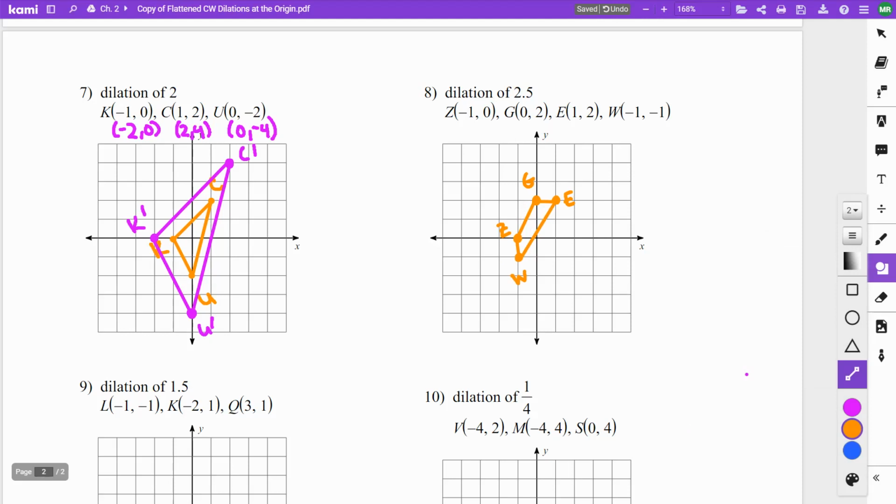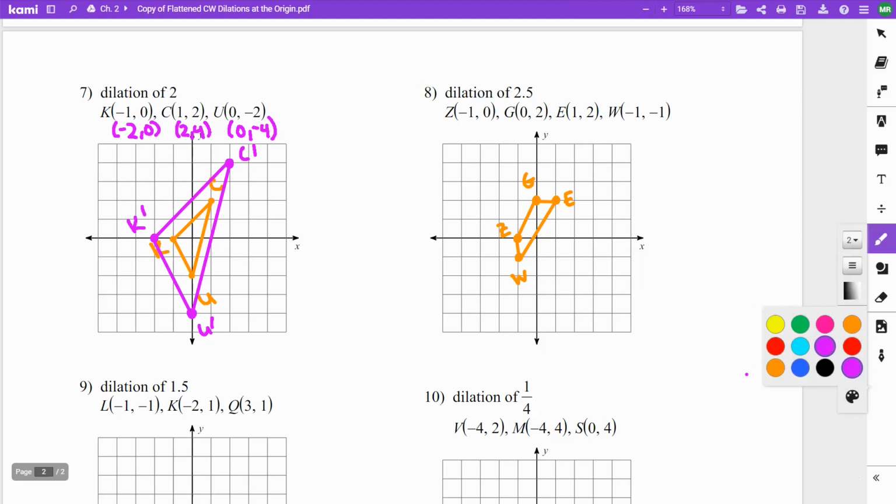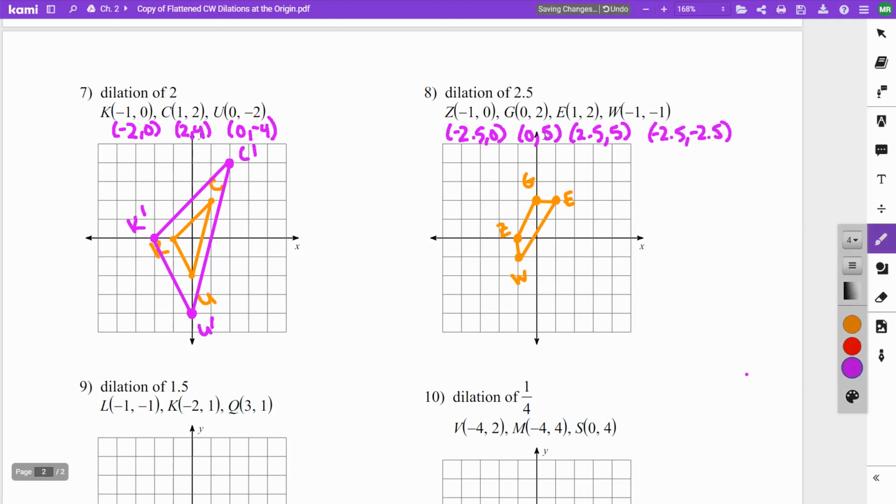And then it's a dilation of 2.5, so I'm going to multiply everything by 2.5. So this is going to be negative 2.5, 0, 5, 2.5, 5, and negative 2.5, negative 2.5. So negative 2.5, 0, 5 is going to be up here. 2.5, 5 is going to be up here.